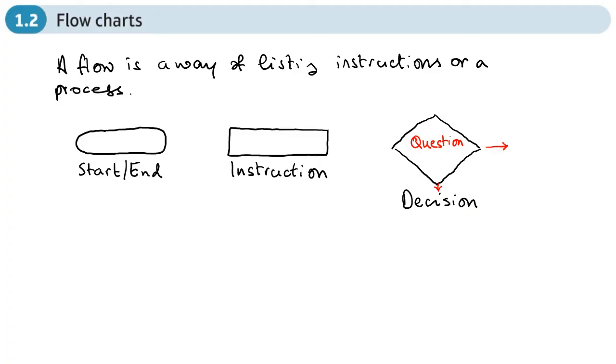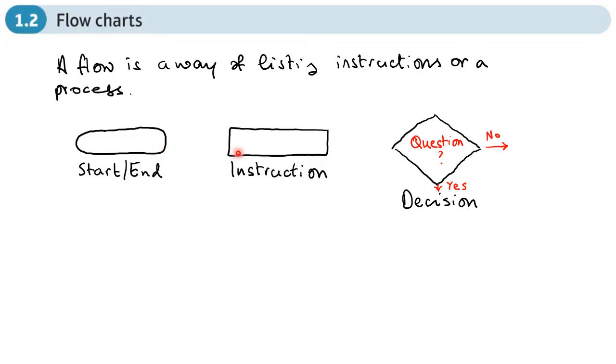So if the answer to your question is no, you follow the route of the flowchart this way, and if the answer is yes, it might go this way. Now, it may not be yes or no this way round, they may be on this side, for example, but it's always some sort of decision. And once you have answered the question, that will decide which way you follow.